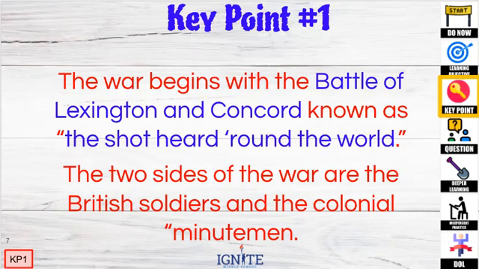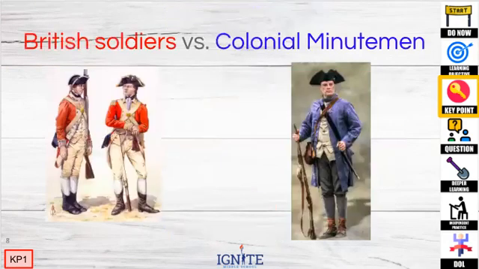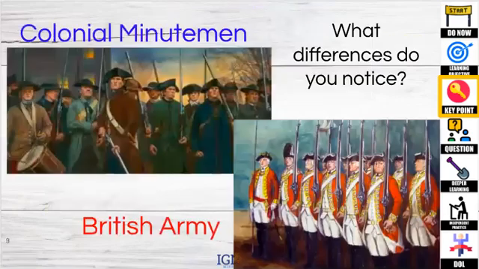There are two sides to this war: the British soldiers, who are always dressed in red, and the colonial Minutemen, who are eventually dressed in blue. So let's take a look at the colonial Minutemen and the British Army.